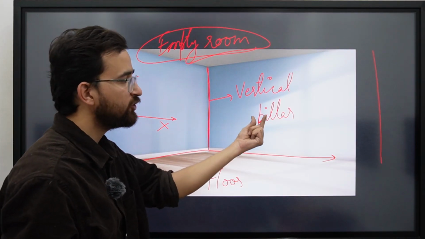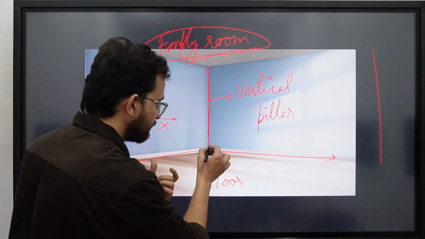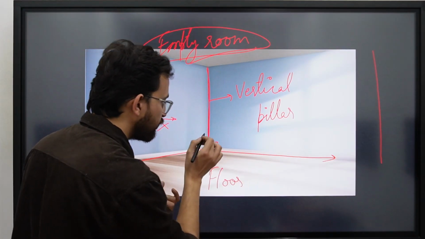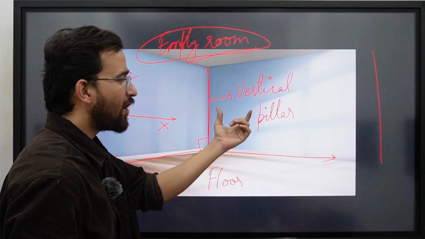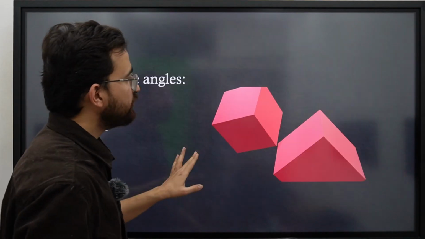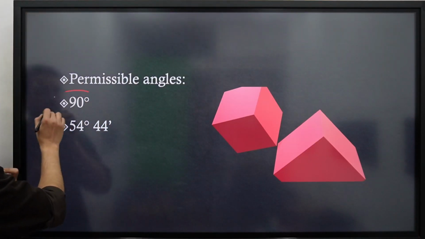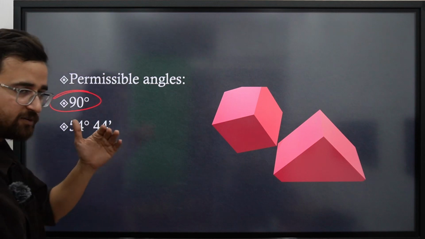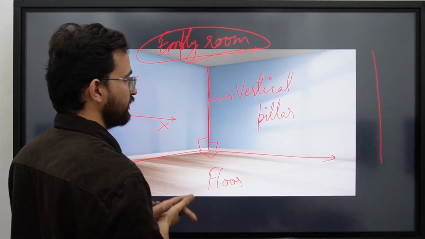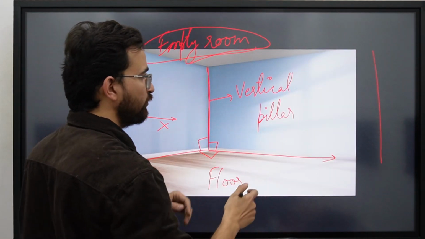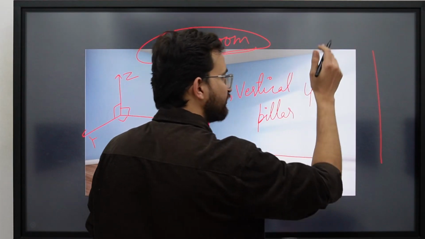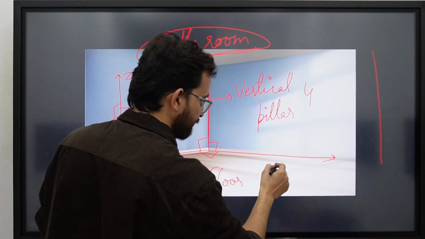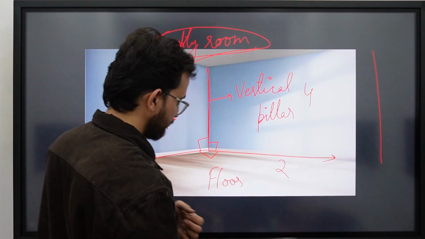Same is the scenario with your pillars and the edges as well. They are perpendicular to one another. Now, why is this important? Because earlier we talked about how you can combine symmetry elements perpendicular to each other. Now, if you can imagine this room, you can say that the vertical pillar is a fourfold rotation. This edge is a twofold rotation.